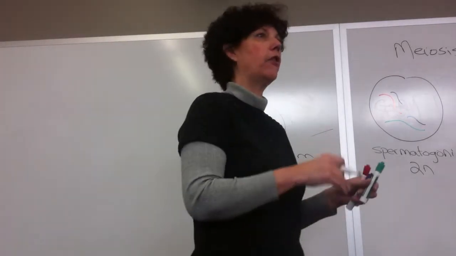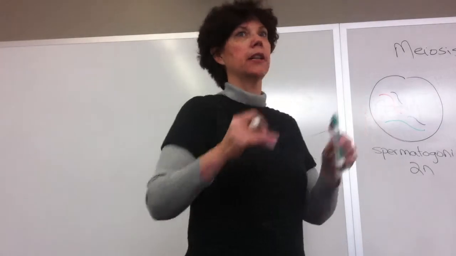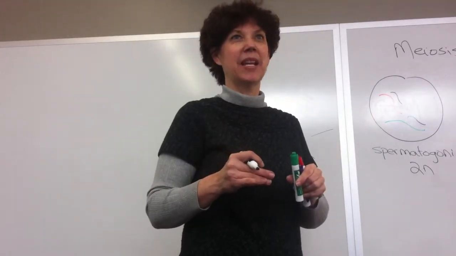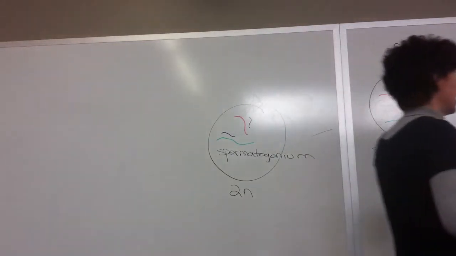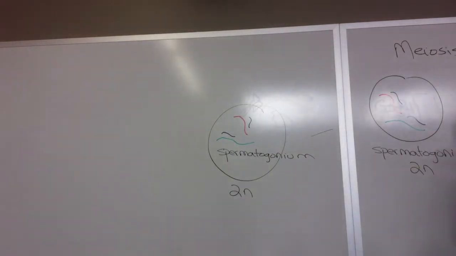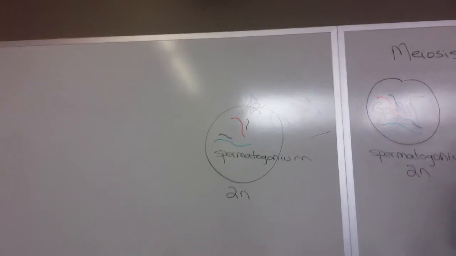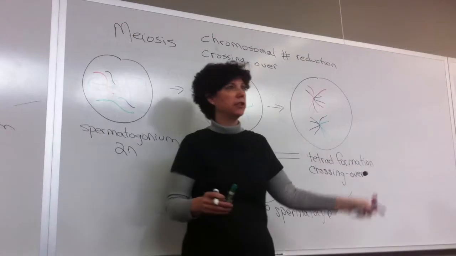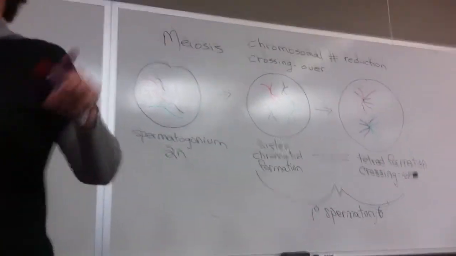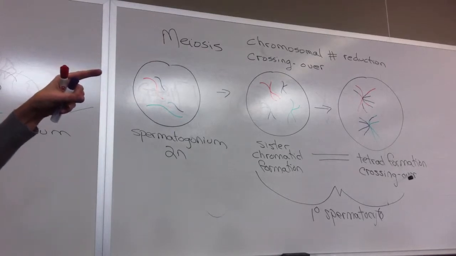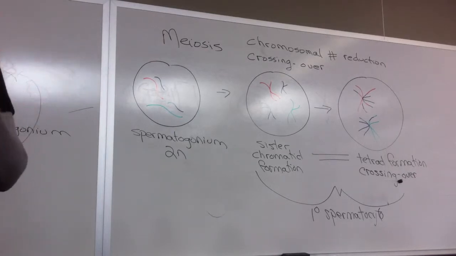Now we're ready for our first meiotic division. By the way, when we go through this with the female oocyte, when a girl is born, all of her oocytes are primary oocytes. They become arrested as a primary oocyte. And all through childhood, puberty, and into female reproductive active life, they stay as primary oocytes until they enter into the menstrual cycle.